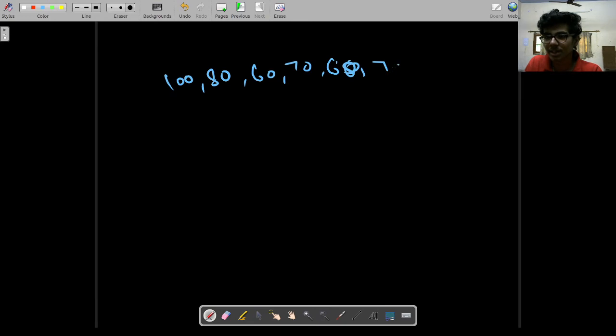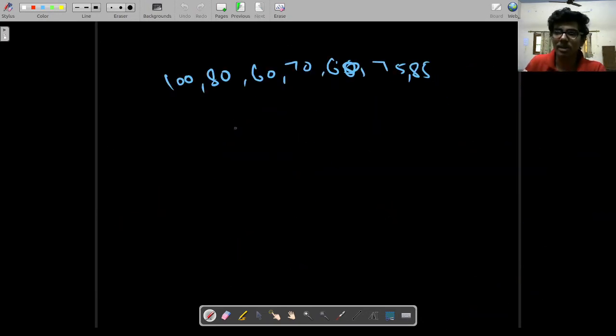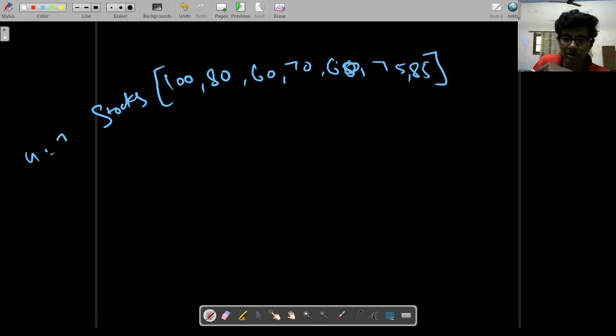This is the array given to us, the stocks. It has n equal to 7 elements, and we have to find the answer for each of these.